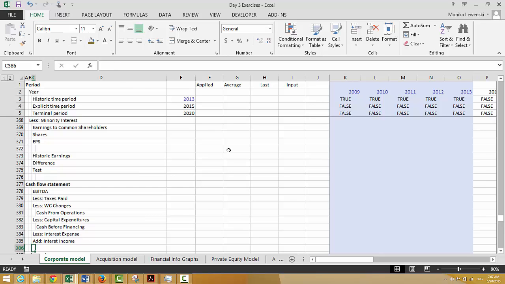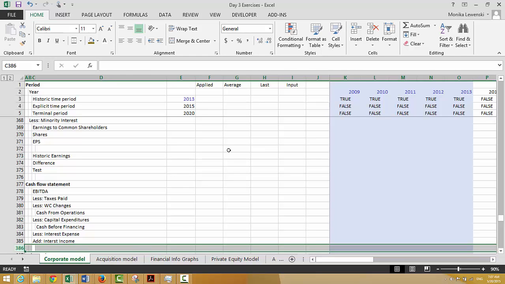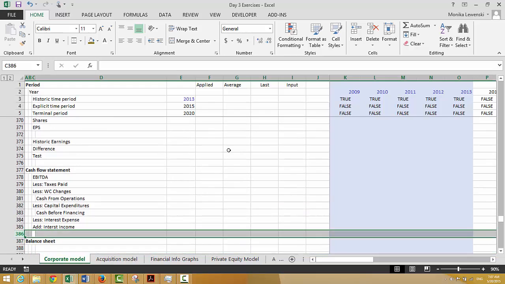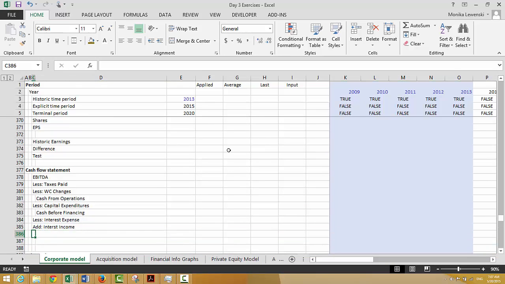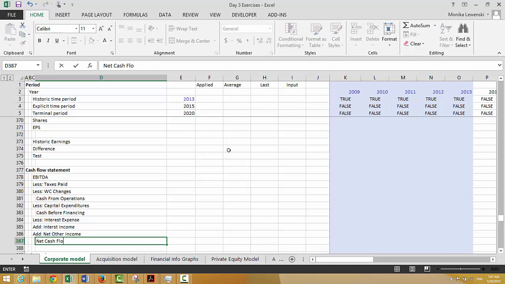Now, it would be really easy to forget this. This is what I always forget. We can add the other income, net. And then once we get that, we can get the net cash flow. And I forgot the dividend.